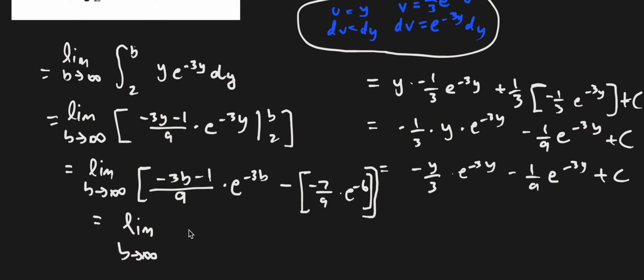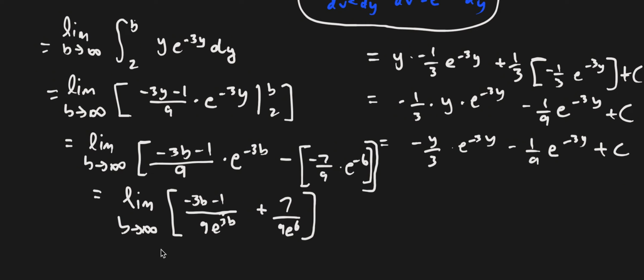So this becomes the limit as b approaches infinity. Let me split this up here. Let's write it as negative 3b minus 1 by 9, and let me write this as e to the 3b instead of making it a negative, and then plus 7 by 9 e to the 6th power.